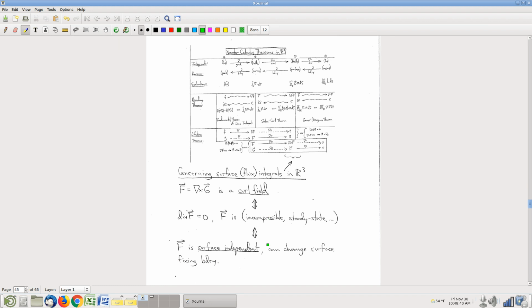And then, likewise, 1 dimension up, special fields in this context. They're not gradients of something, they are curls of something. They're not path independent, they're surface independent.